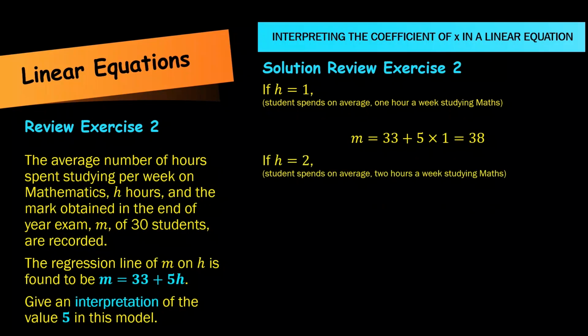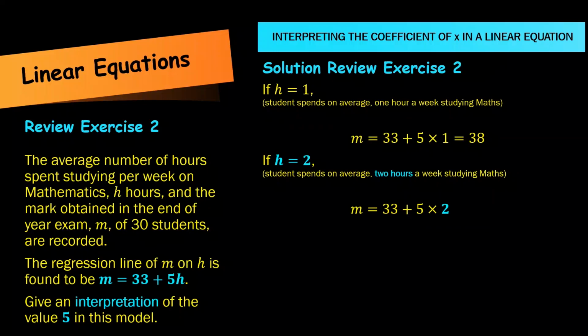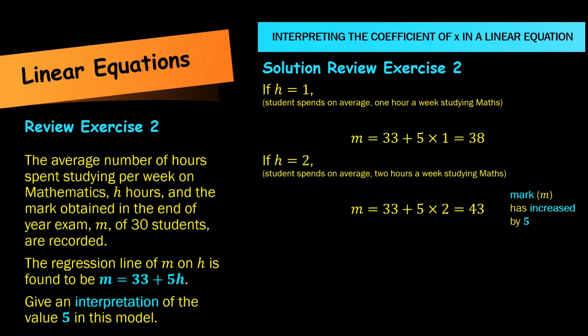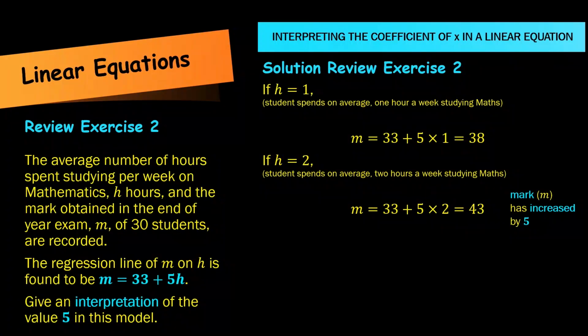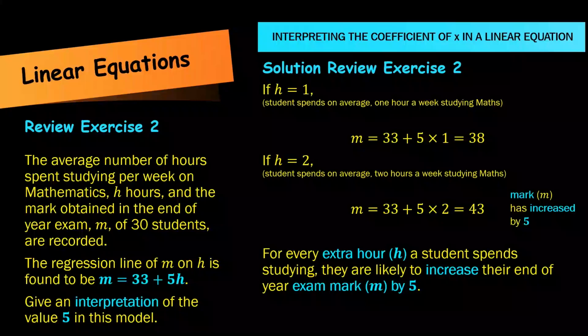If H equals 2, in other words, the student spends on average 2 hours a week studying maths, we have that M equals 33 plus 5 times 2, which equals 43. So the mark M has increased by 5. So for every extra hour H a student spends studying, they are likely to increase their end of year exam mark, M, by 5.